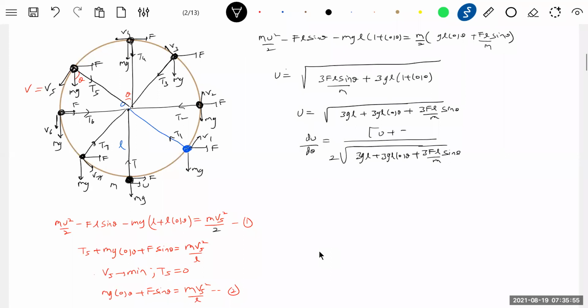Then above 0 minus 3GL sin theta plus cos theta, equating this to 0. Tan theta is equal to f by mg. So the value of f will determine what the value of theta should be.